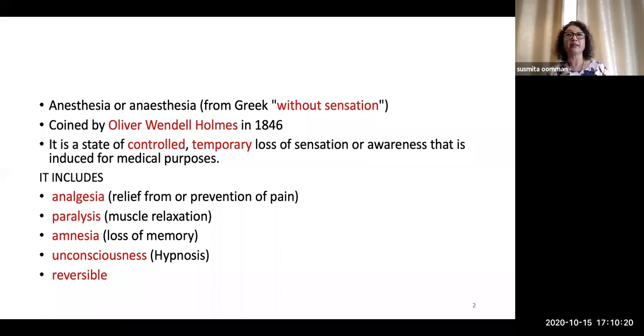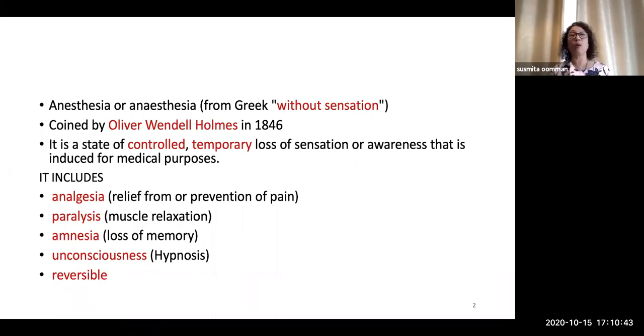And also, the patient doesn't want to remember or know anything. So our agents give them amnesia. They just don't remember what happened. It's almost as if a small part of their lives, they have no recollection about. And also unconsciousness during the procedure.